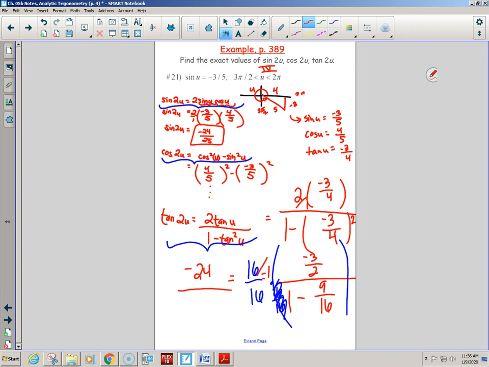When you have negative 48 over 2, and then you would have 16 minus 9, you end up with negative 24 over 7. But that would have been the exact same thing.